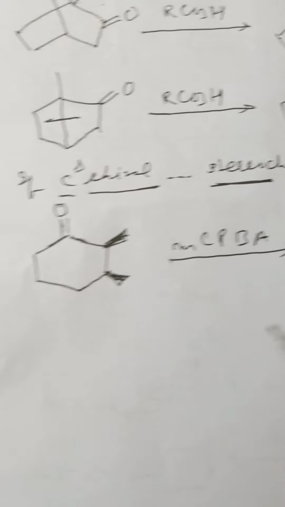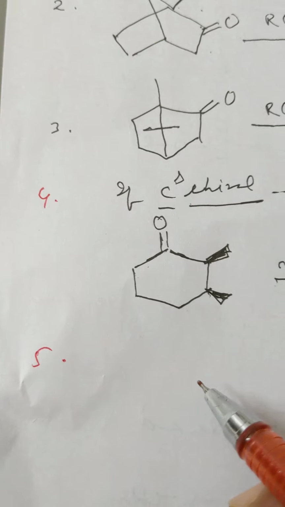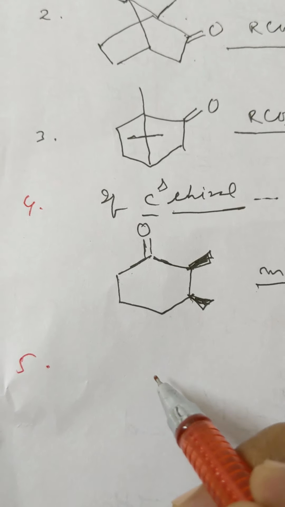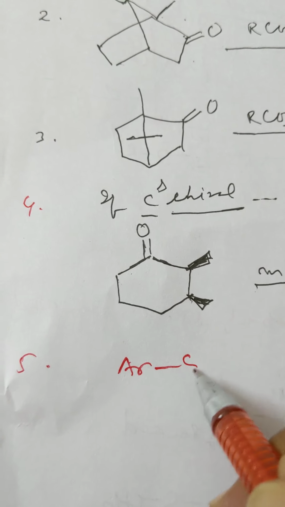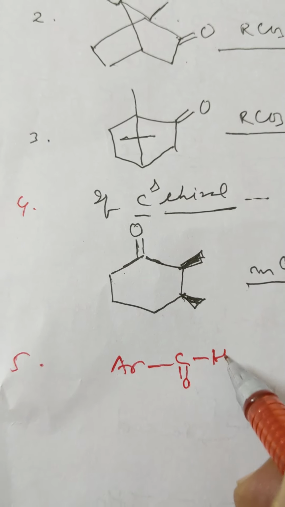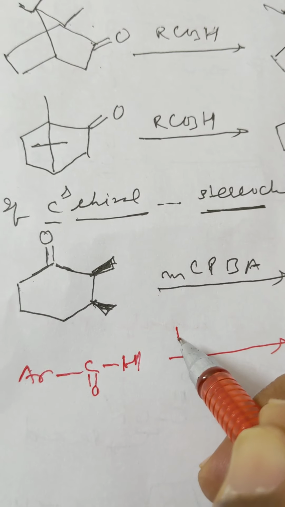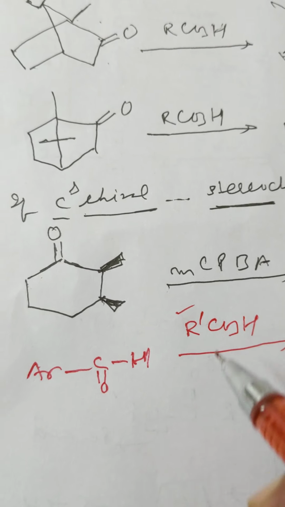Okay, next let me take some more examples. See, we have aromatic aldehydes. Aromatic aldehydes are converted into formates, like this. We have an example like this, and we are doing it with a peracid, say any RCO3H.